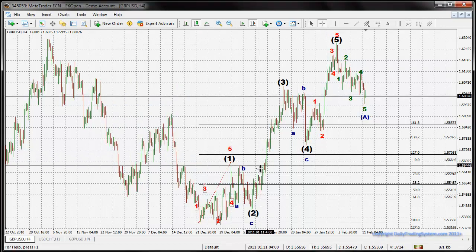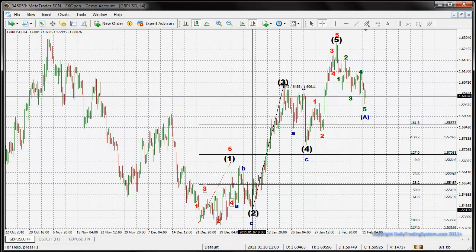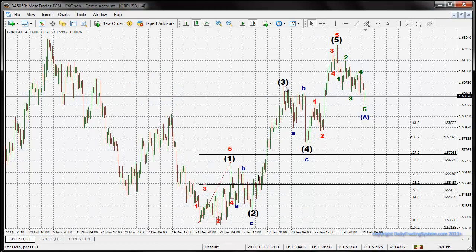So 509 from point 2 should be about 509, but this actually goes up to around 640 pips. The only reason is that this point here at 61.8 was extended a little bit lower. If we went from maybe this point to there, we get 589.